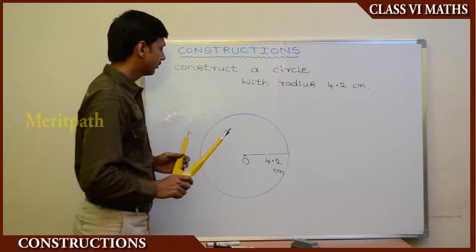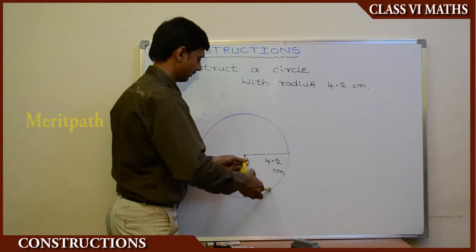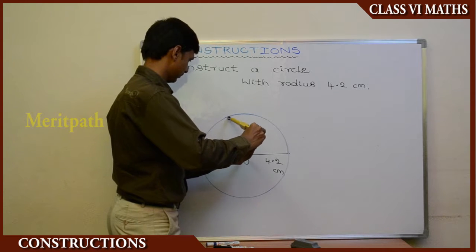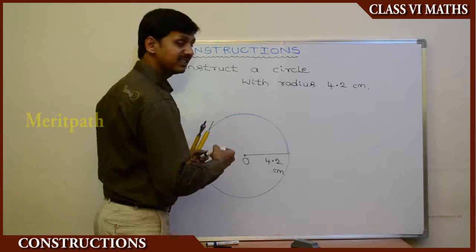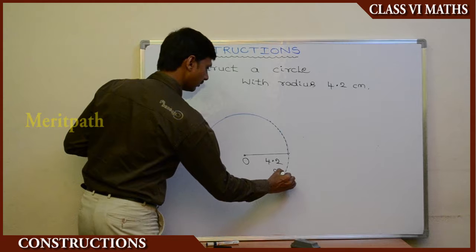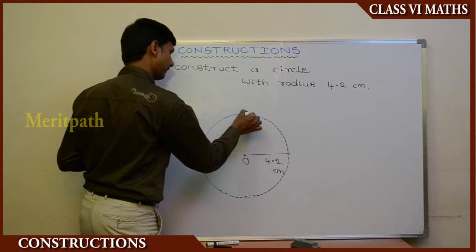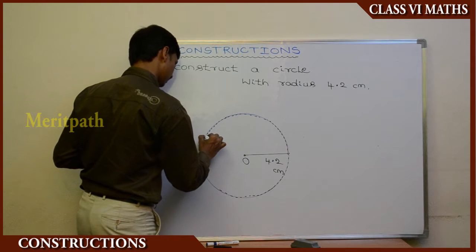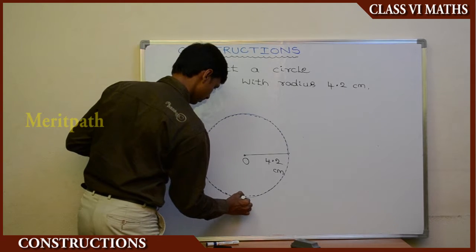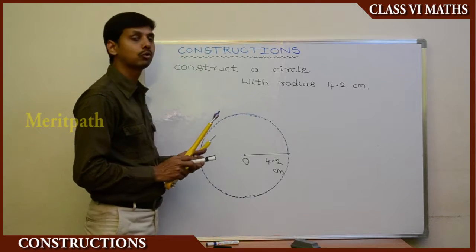Circle we have drawn. So this is a picture of a circle with a radius of 4.2 centimeters.